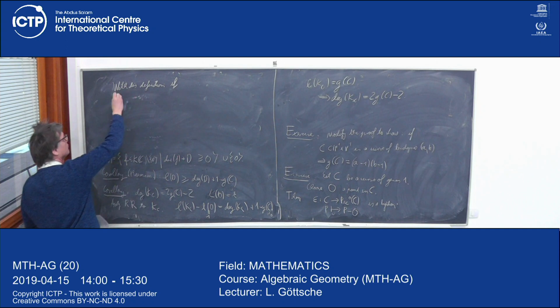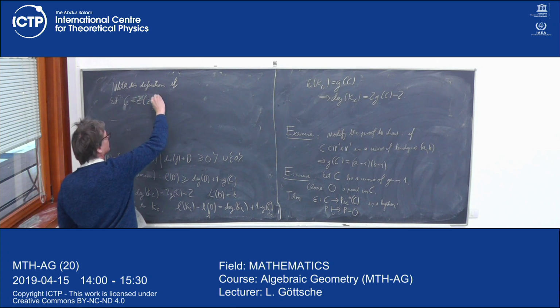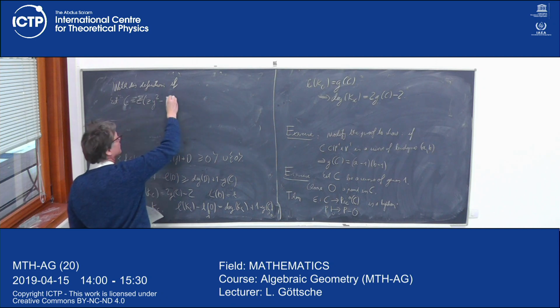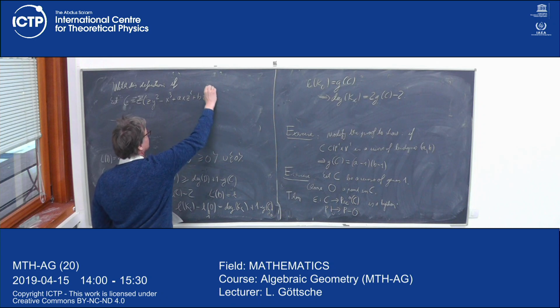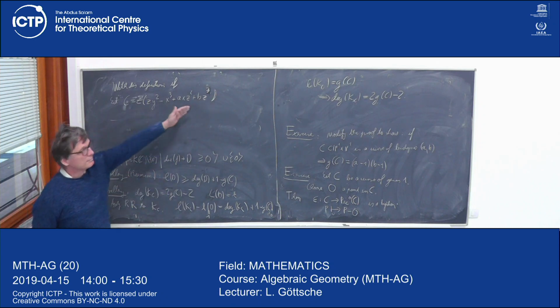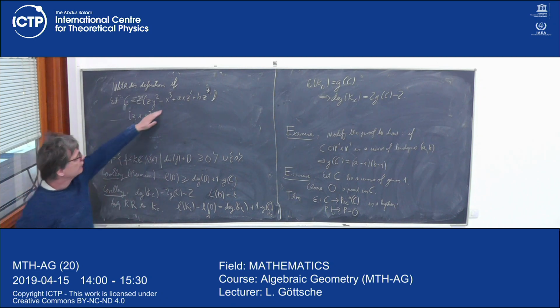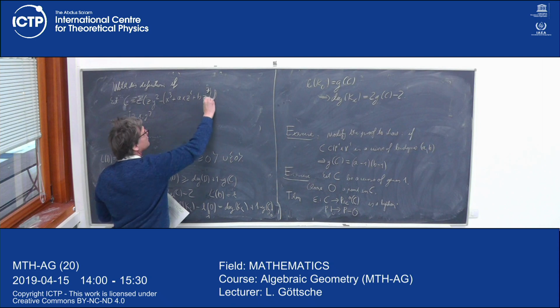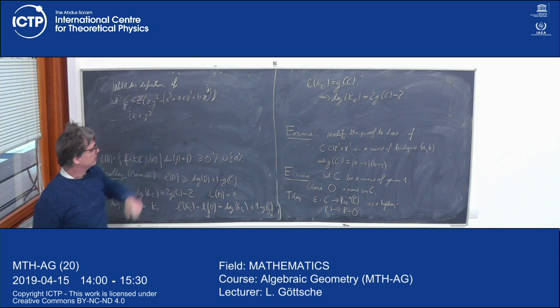Let C be the zero set of z y squared minus x cubed plus a x z squared plus b z cubed. So it's a cubic. The coordinates are x, y, and z. Assume it's non-singular, which amounts to this polynomial having no multiple roots.